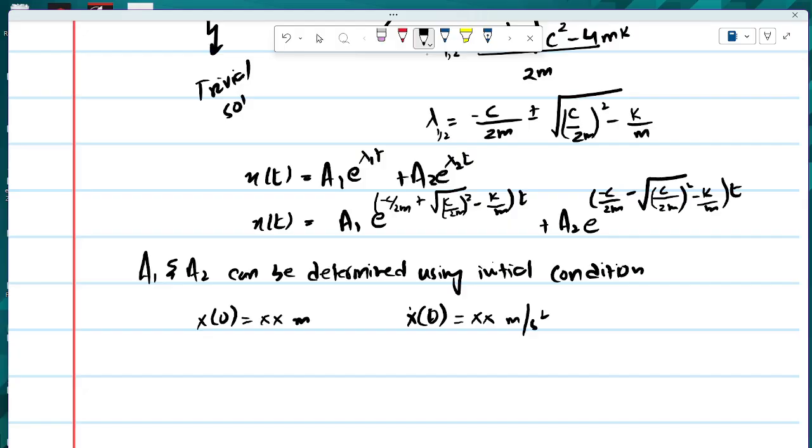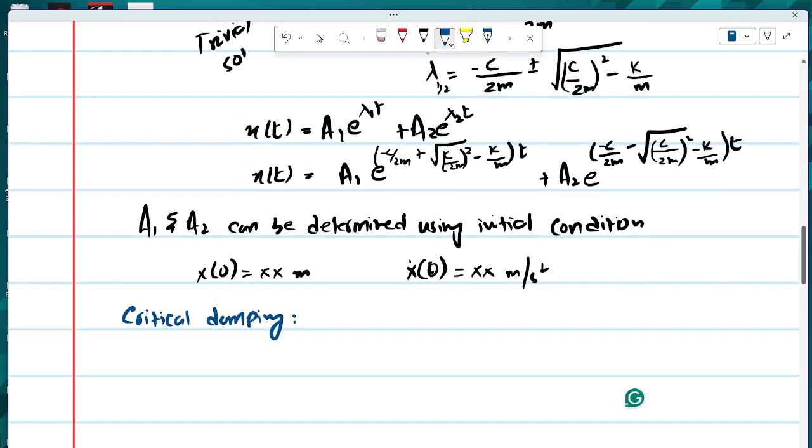So there's a thing called critical damping. This is the amount of damping that allows the system to return to its equilibrium position as quickly as possible without oscillating after being disturbed.